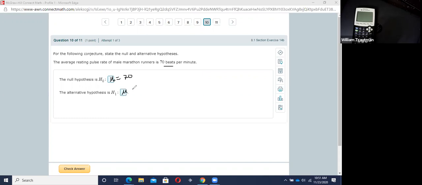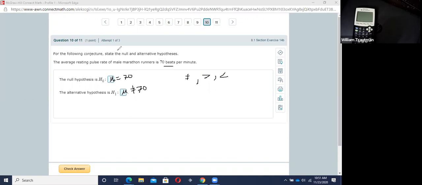So we need to figure out, do we put not equals, greater than, or less than for the alternative? Well, it doesn't say greater than or less than in the statement. If you read, it's 70. The only alternative to is 70 when there's no greater than or less than in our statement is not 70. Do you see?